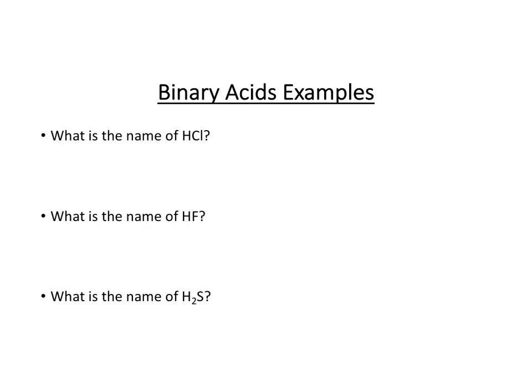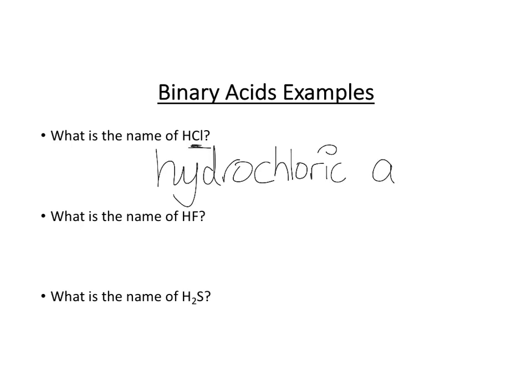All right, so here you see we have 3 different binary acids. We know that one of our naming rules was we always write hydro in the front. So hydro. And then Cl is chlorine, so I'm going to put chlor, and then I'm going to change the ending to ic. So hydrochloric acid.